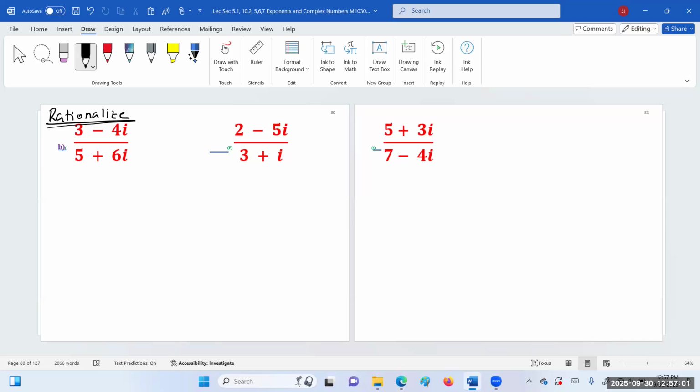You cannot just put 6i squared, you have to put parentheses. This is 6 squared i squared. We have to put a parentheses here. It's 6 squared.